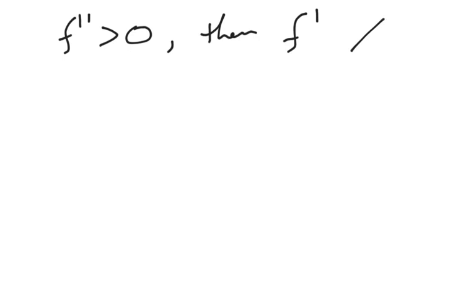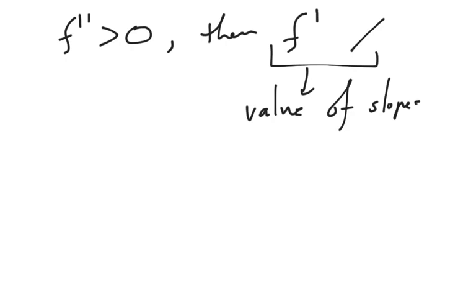Let's find out. If f double prime is positive, then we know that f prime is increasing. So f prime increasing means that the value of the slopes of f are increasing.